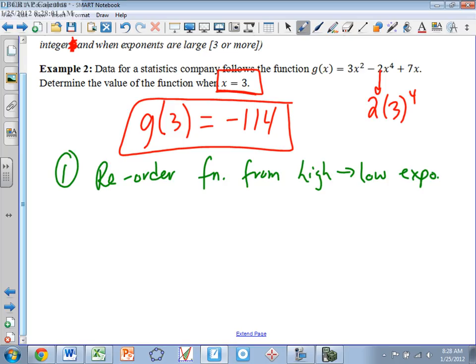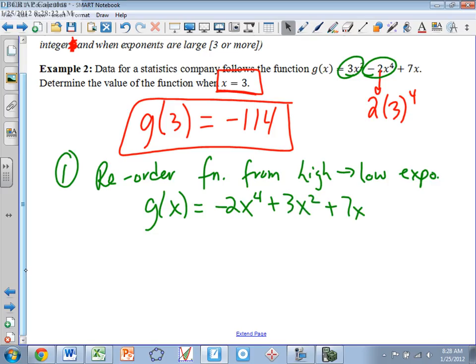So here, what do we have to really change? Good, those two, circle. Now remember, when you reorder this, the negative goes with the 2. It becomes g of x equals negative 2x to the 4th plus 3x squared plus 7x. The negative goes with the x to the 4th and the 2.